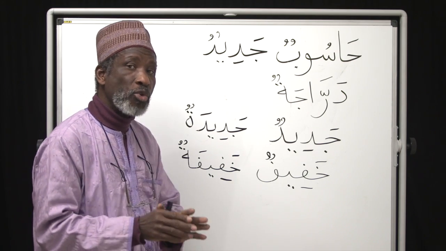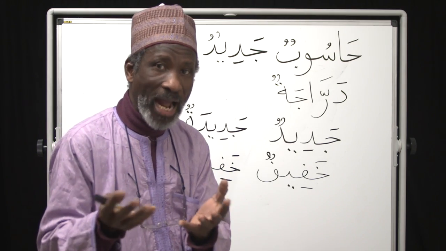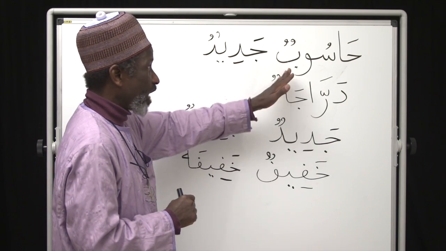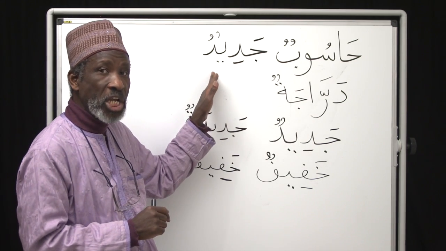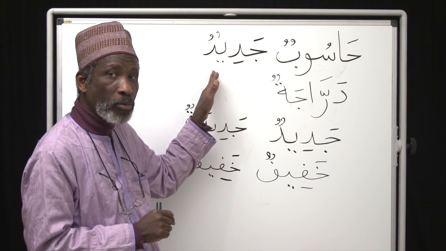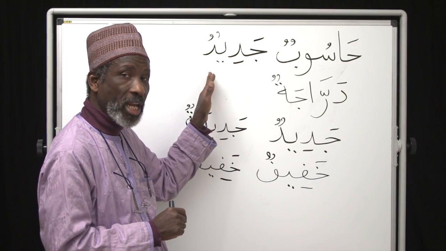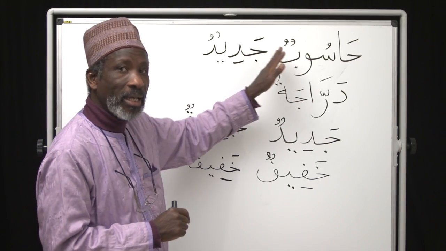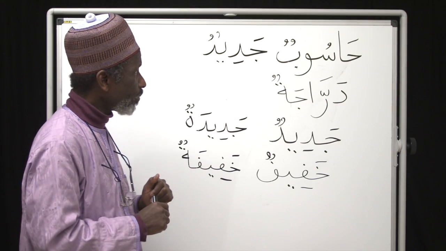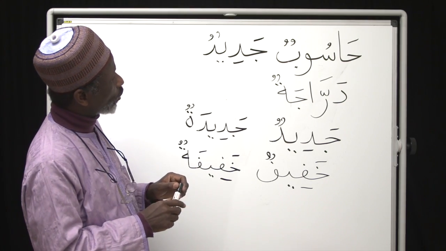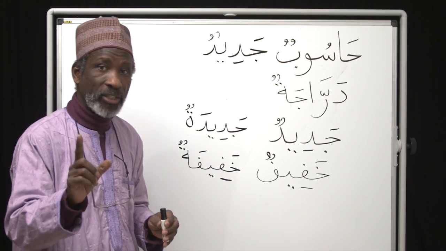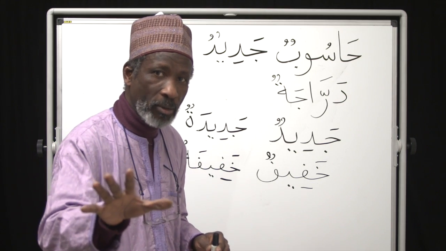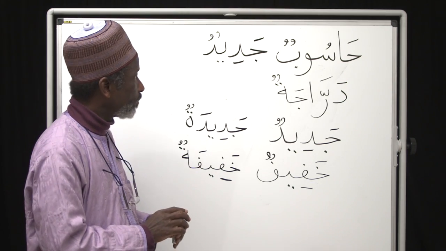Whereas in Arabic, you start with the noun and then you describe it. So hasubun jadidun, a new computer. Let's see what else is going on here. So your first rule is start with a noun, then describe it.